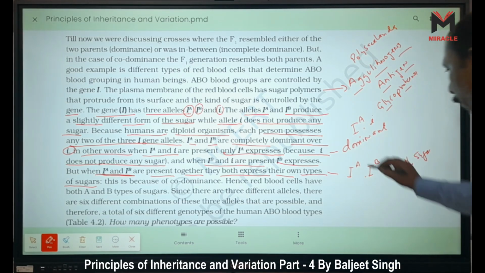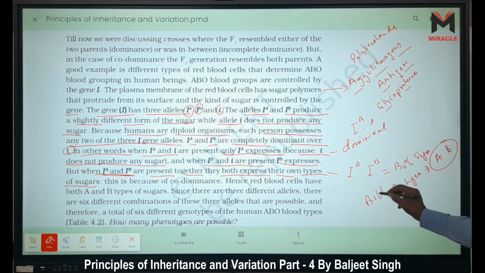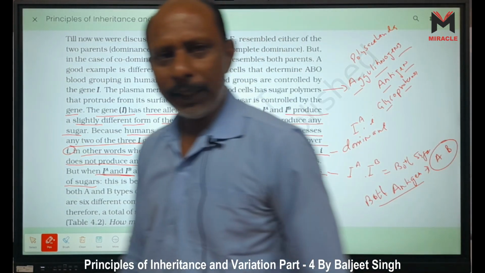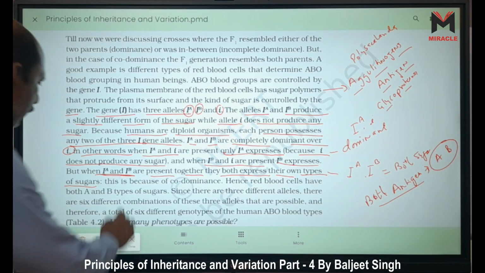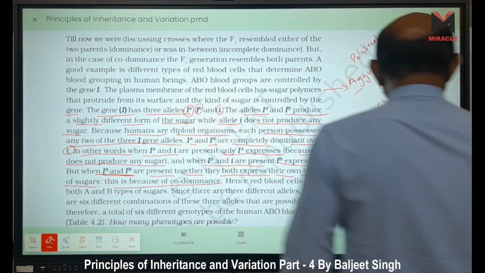So here, which type of antigen is present? Both antigens, A and B, are present, right? That's why it is called AB blood. This is because of codominance, and that is called codominance.